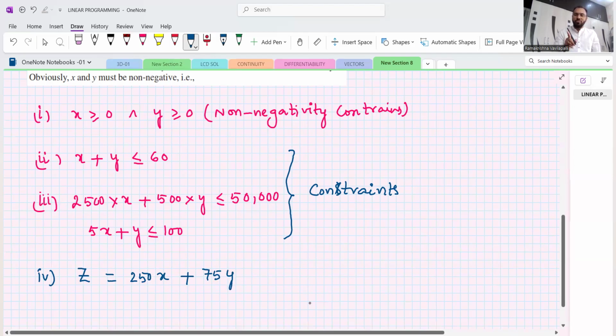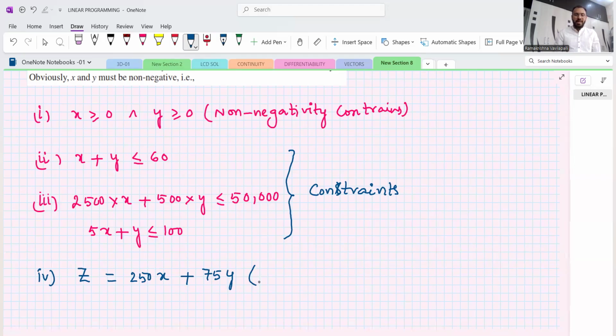This we have to maximize. This is to be optimized. Optimized is nothing but either you minimize or maximize.